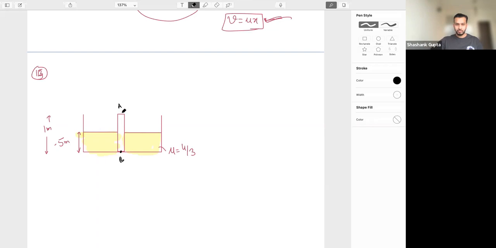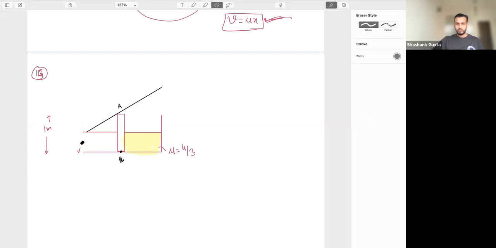So what will happen to it? Just imagine this is a point and a ray is coming like this. I should have made this a little bigger. Okay, one second, let's increase this a little more. So can I say the ray is coming like this? This is the full swimming pool. The ray is coming at an angle of 45 degrees with the vertical.